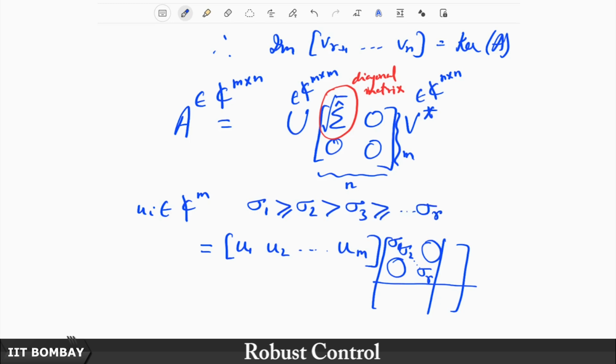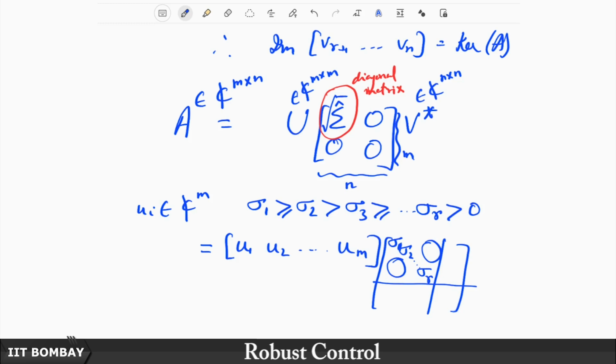And the way we have ordered this is that of course this r is at least equal to 1. So at least the first r of them are non-zero. If they are all 0, then of course it is a 0 matrix, it does not make any sense that way.